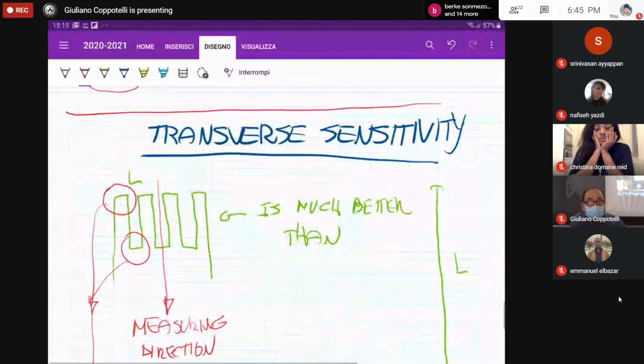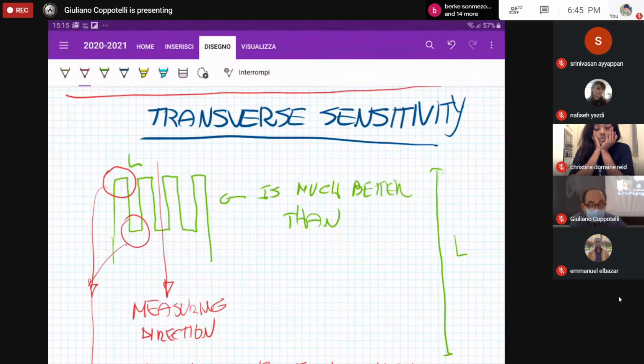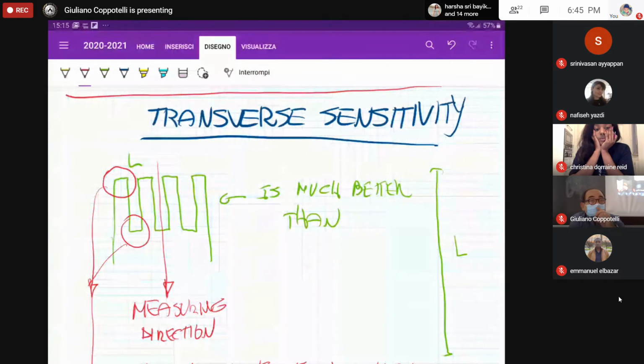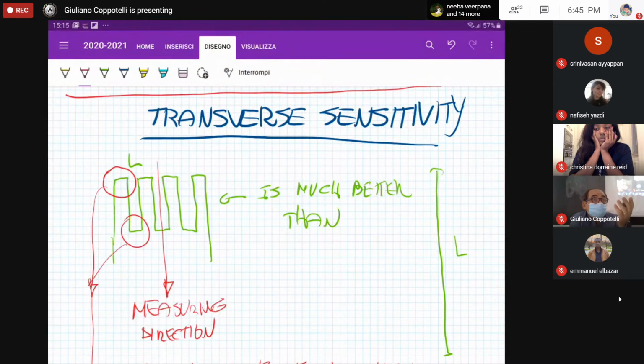Okay, it is on the left of the screen. If the length of this cable is the same as the straight cable on the right of the screen, then the change of resistance should be the same, okay? However, the left configuration is much better because it's a local one compared to the other one.